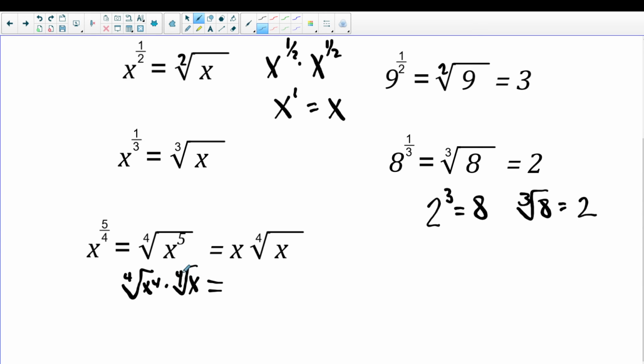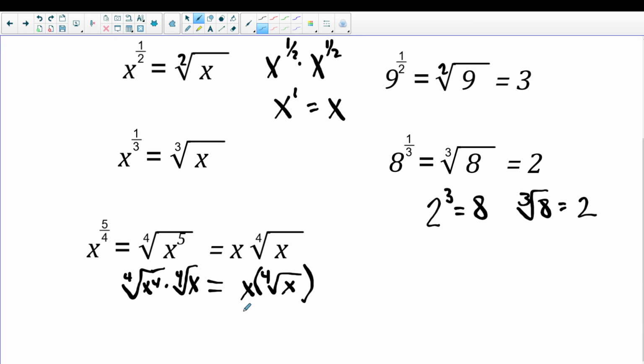This is x to the 4th. This is x to the 1. Right? X to the 4/4, x to the 1/4. So for x to the 4/4, this gives me x. So the fourth root of x to the 4th is just simply x. And then I'd have the fourth root of x. So that's how I would simplify that.